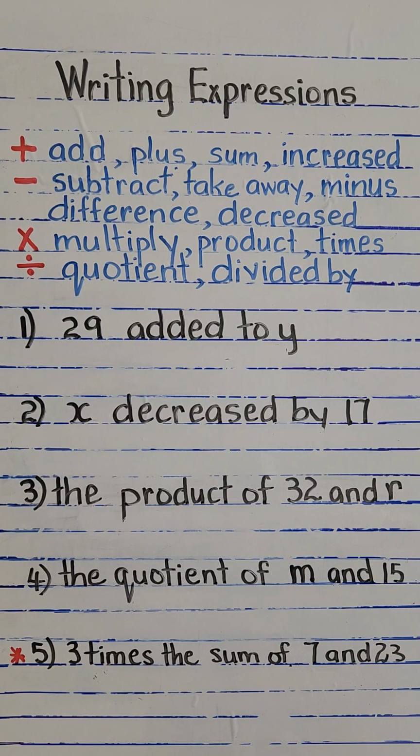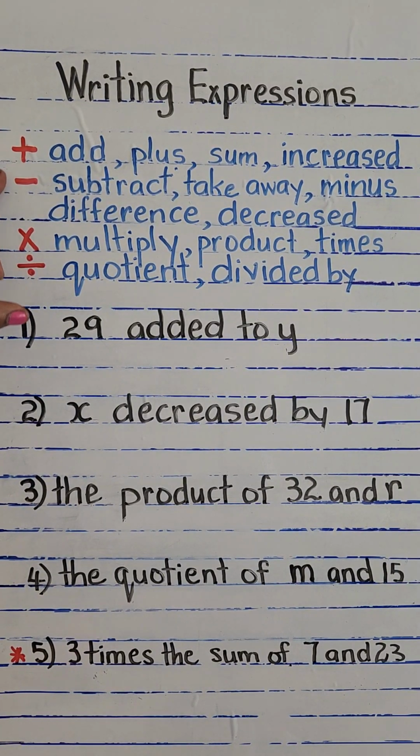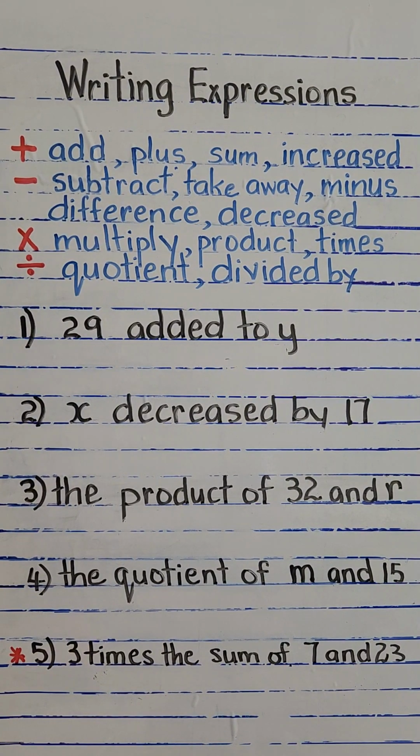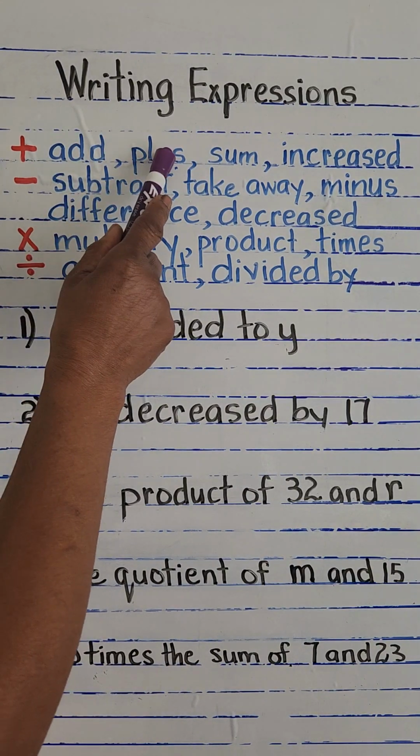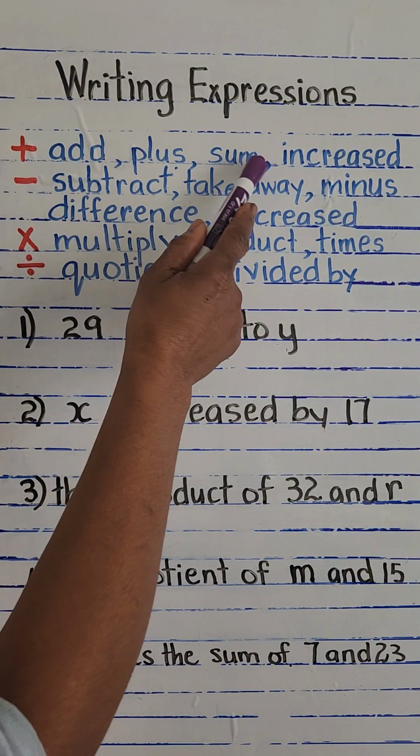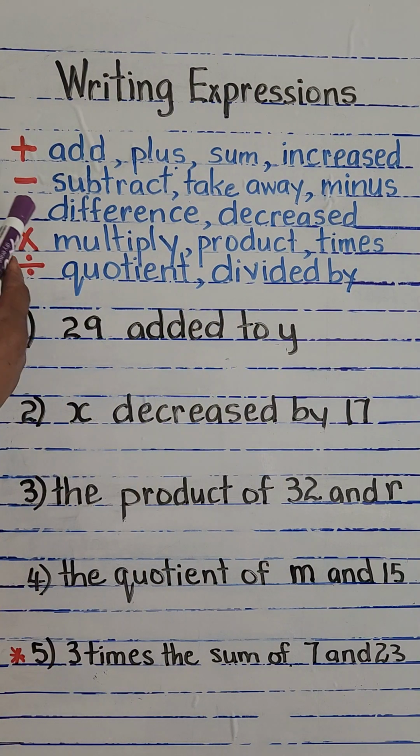Today we are writing expressions. Before we go into our examples, let's look at some of the words that will tell us which sign to use when we're writing our expression. So the addition sign or the plus sign: plus, add, sum, increase.